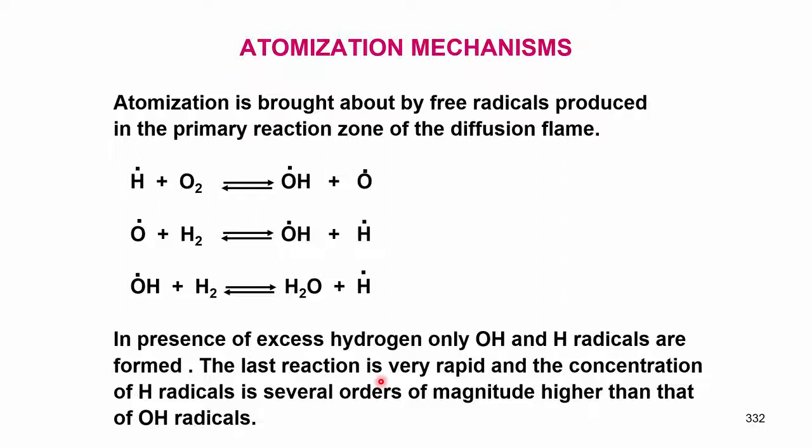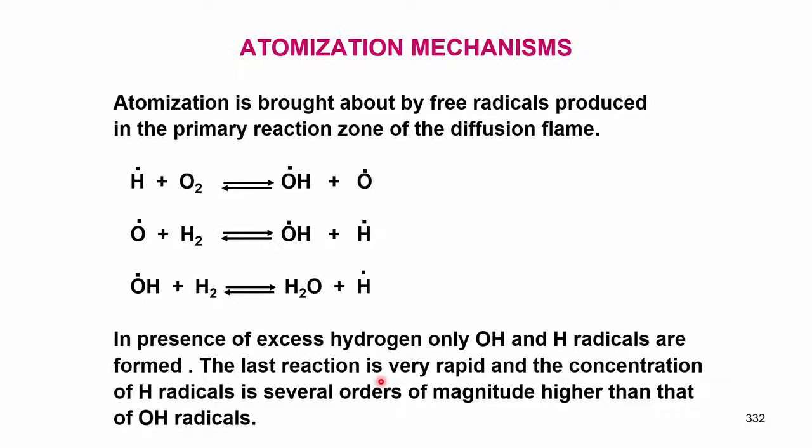An oxygen radical can react with hydrogen to produce an OH radical and a hydrogen radical, both ways. Both of them will produce OH radicals and oxygen and hydrogen radicals.